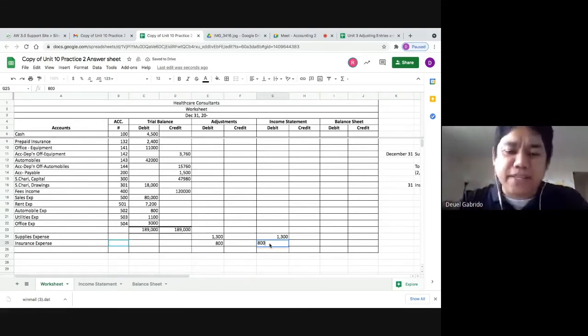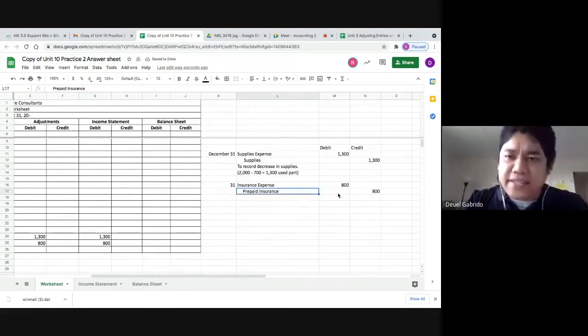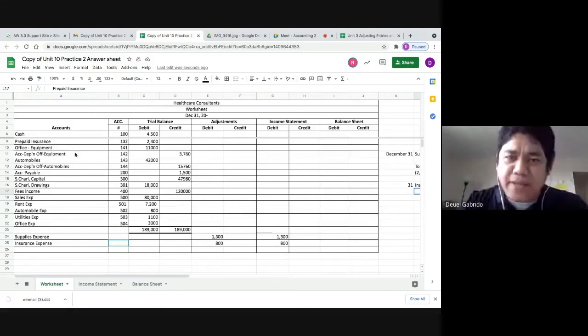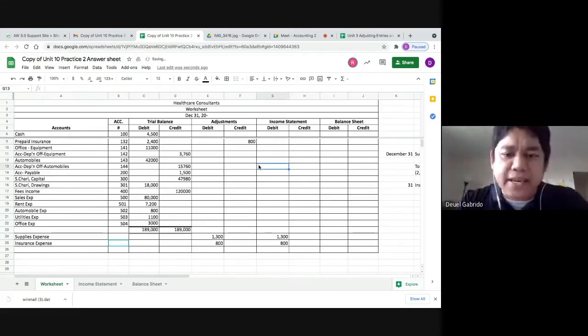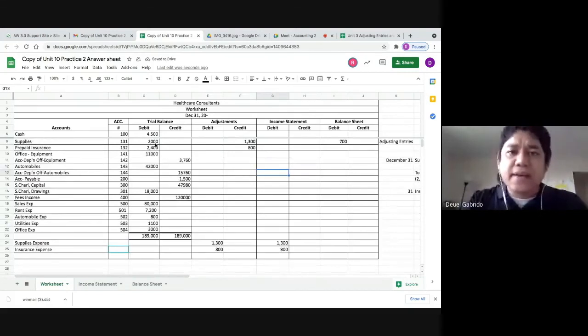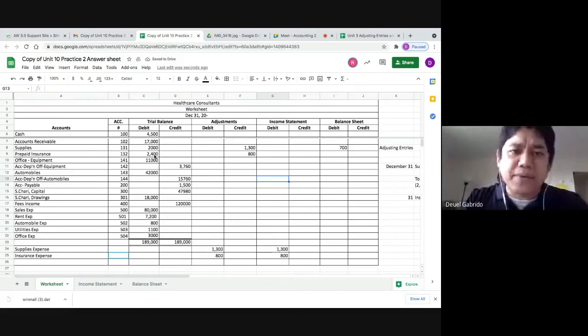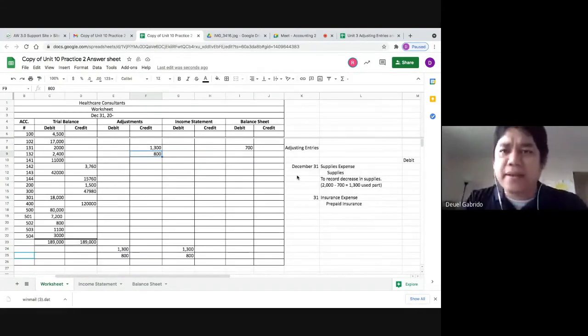The other 800 is the decrease in the prepaid insurance, so credit. From 2,400, it will decrease by 800. The new prepaid insurance is how much?